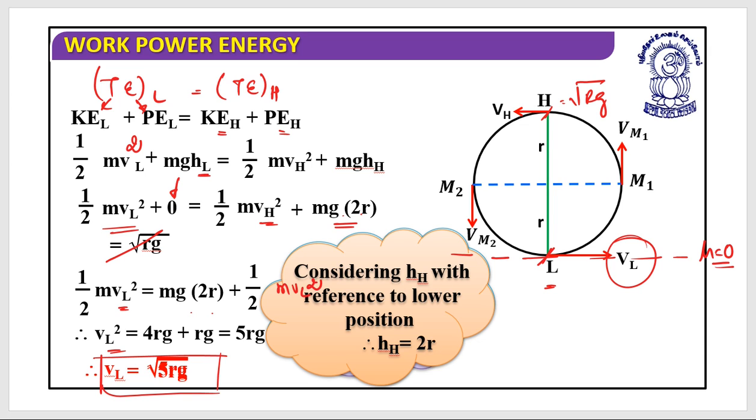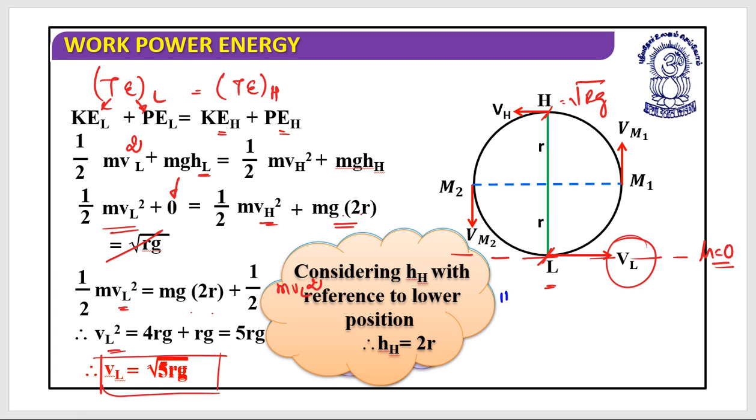Please remember this: the velocity at L, the velocity at the lowest position, should be minimum root 5rg. This is a very critical point.